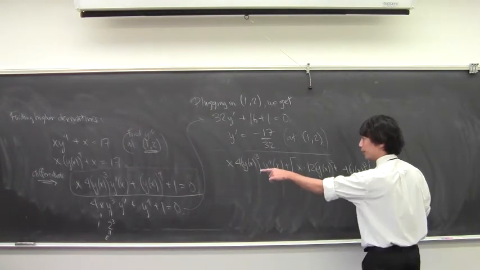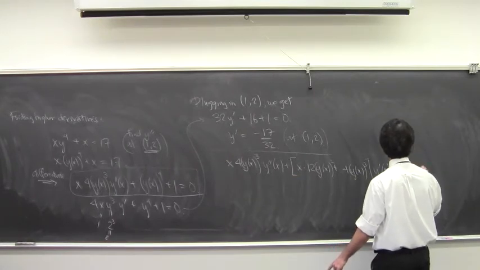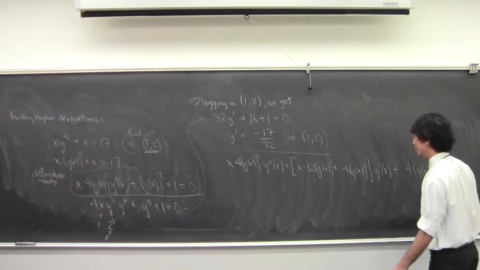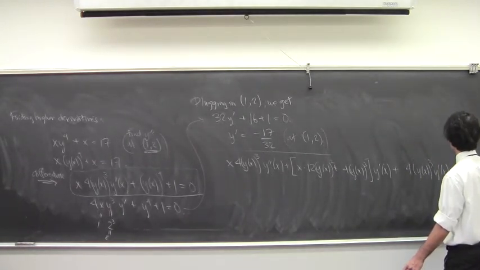And then we need to differentiate that, so we get 4y cubed y prime, and the chain rule, plus 0 goes in.